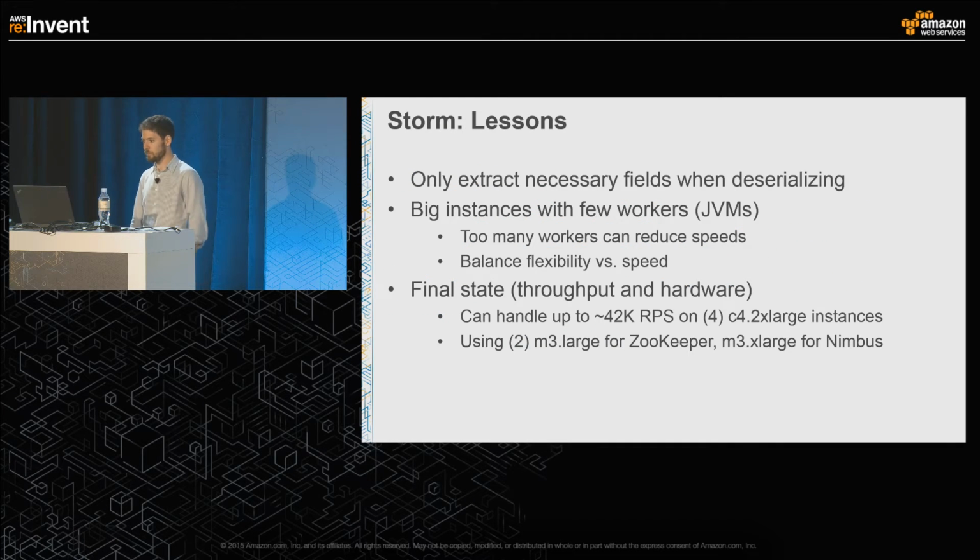All right, so here are some basic lessons that we've learned while implementing this. For starters, only extract necessary fields when you're deserializing. Initially, we extracted every single field, including this big JSON blob, and that was really slow.